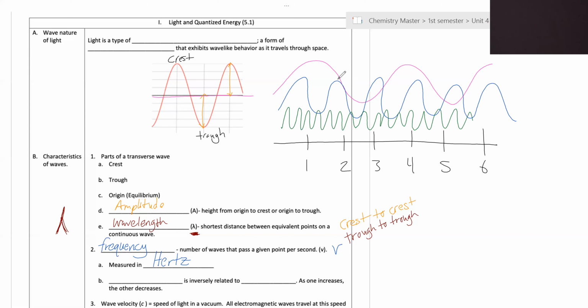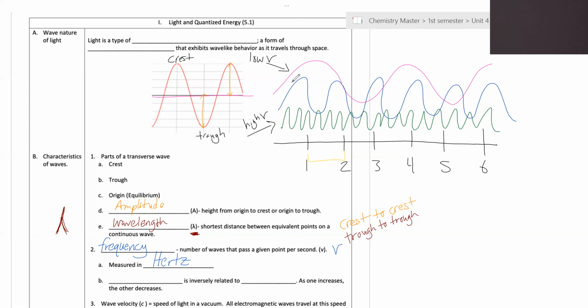You can see that green line has a lot of waves in this small space. So we would say this green wave has a high frequency, and this pink one, in comparison, has a low frequency.